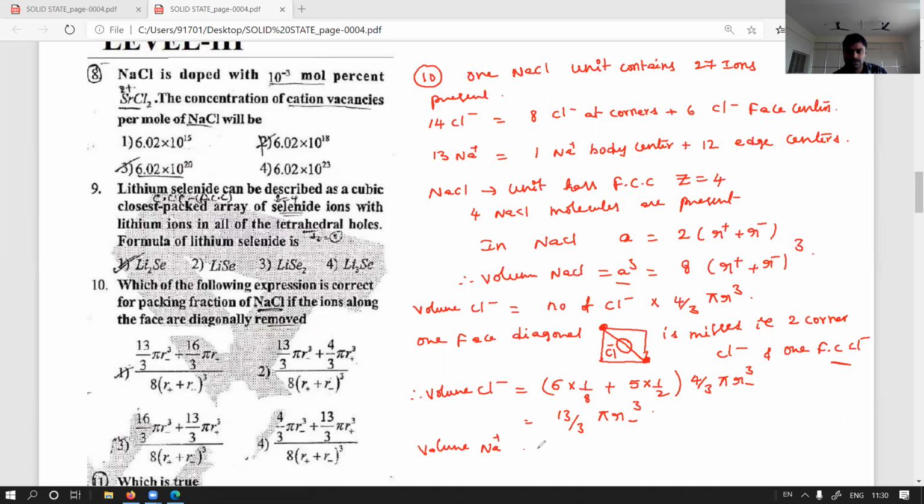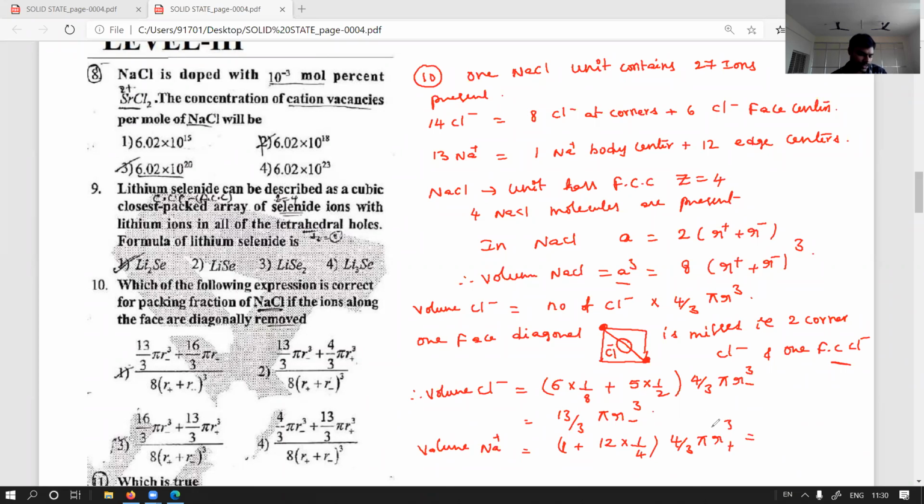In the same way, for the volume of Na plus ions, one sodium ion is present at the body center, so it is 1. The remaining 12 are at edge centers, and each edge center's contribution is 1 by 4 into 4/3 pi r cube of r plus.